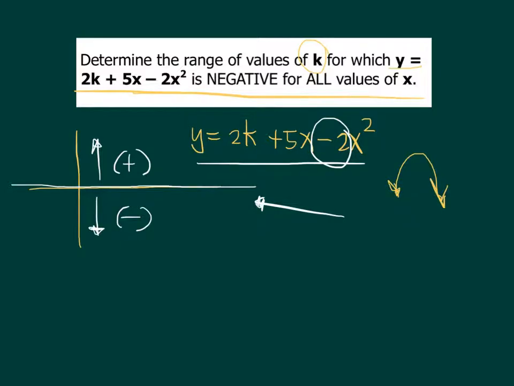So if we want all the values of y, meaning all parts of this graph, to be negative, then the graph should not be touching the x-axis or go above the x-axis. It can only be placed anywhere below the x-axis.